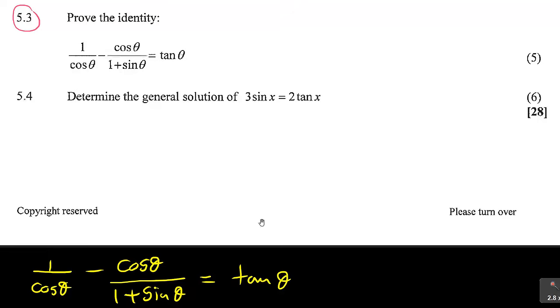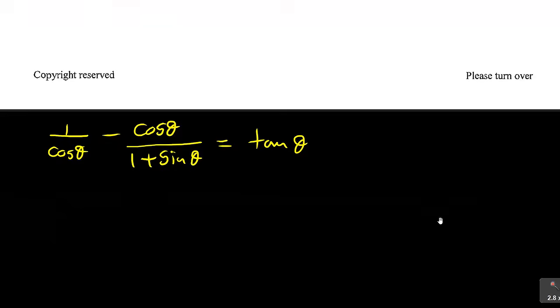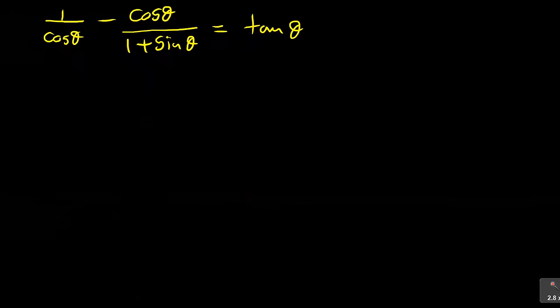Are you seeing this one? It's 5 marks, so we are going to prove that. So how do you prove it? Let's take our left hand side. So what do I have in the left hand side?